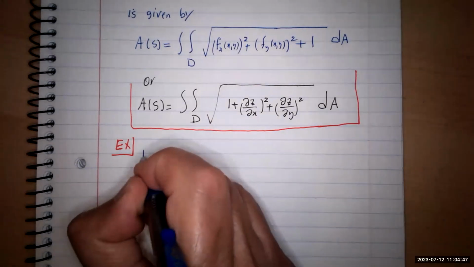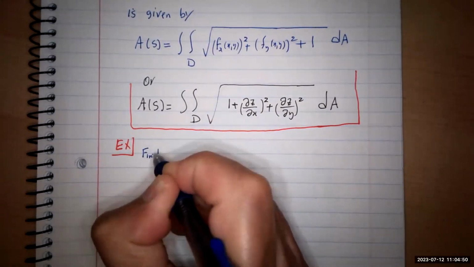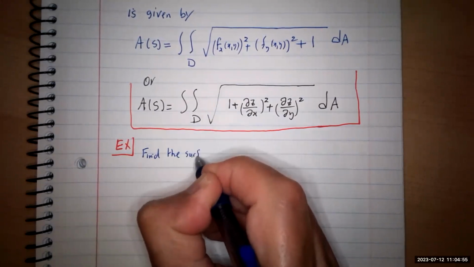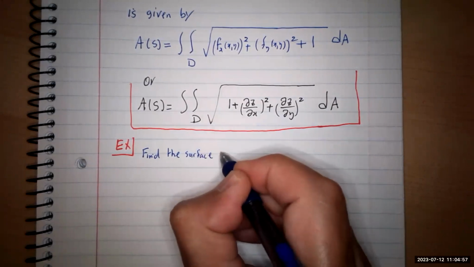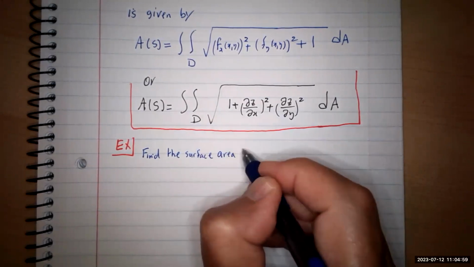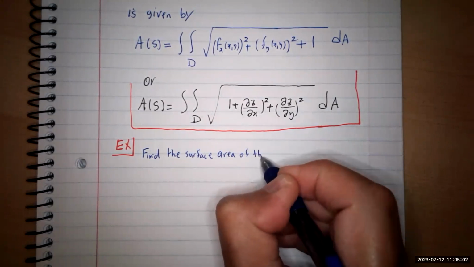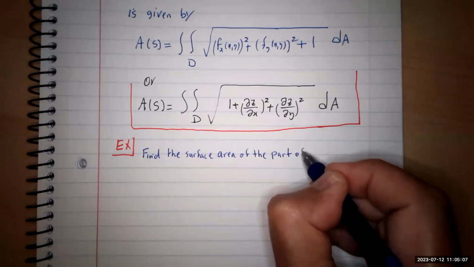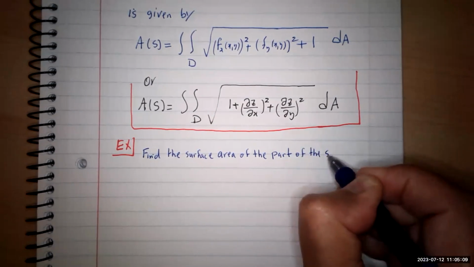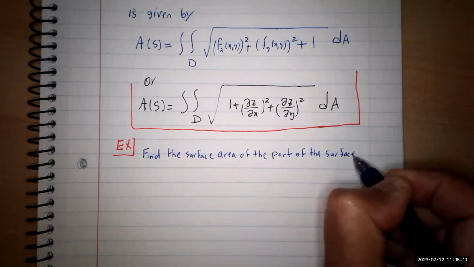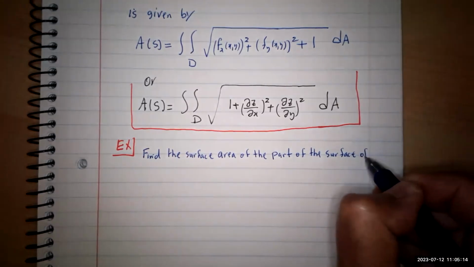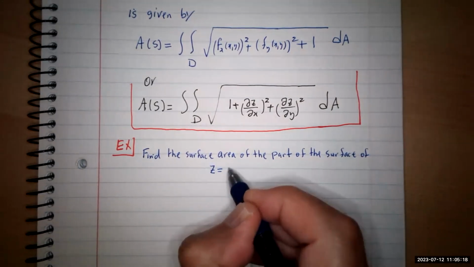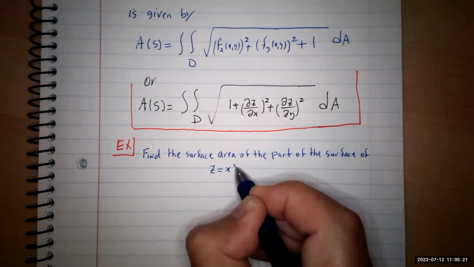So I would like to find the surface area of the part of the surface, the graph of this function, surface of z equal to, that's your function, z equal to x squared plus 2y.